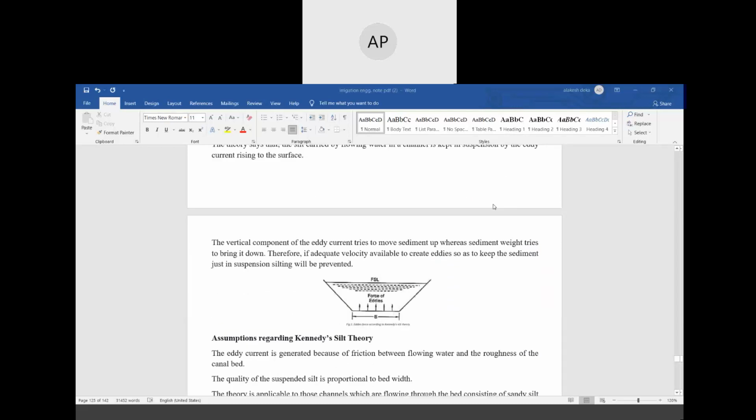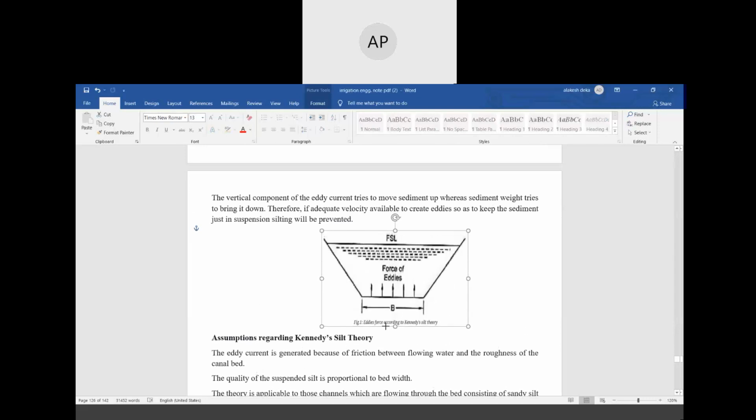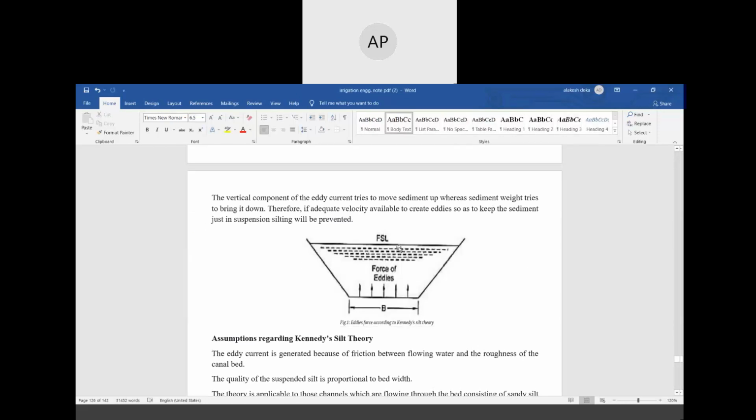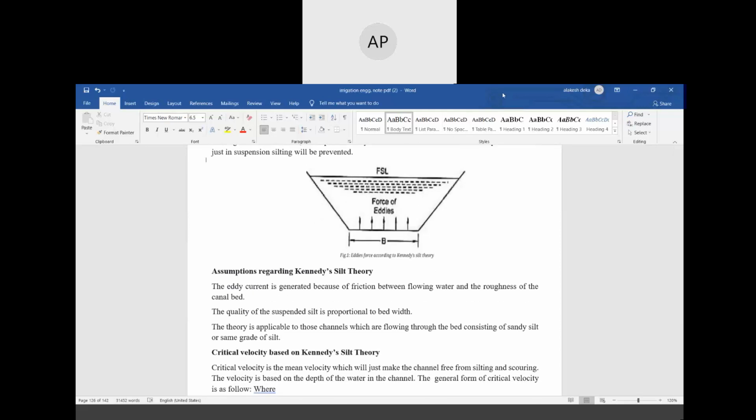Next, in this figure you can see the eddy force according to silting. Suppose these are the particulate materials, and these are the eddies.